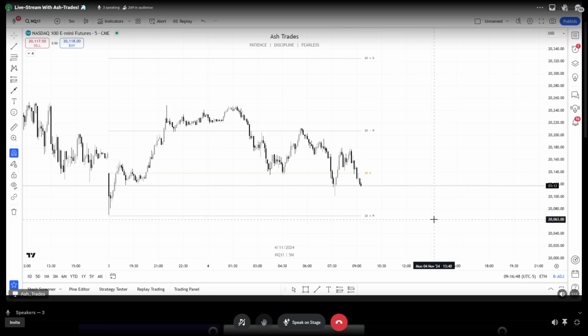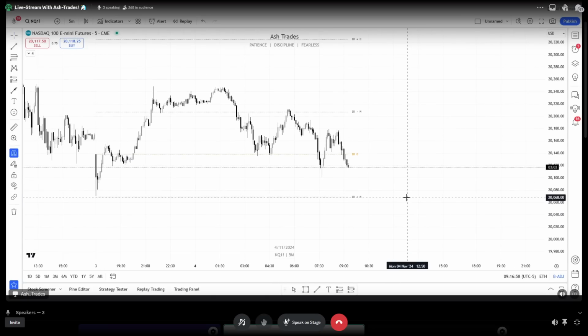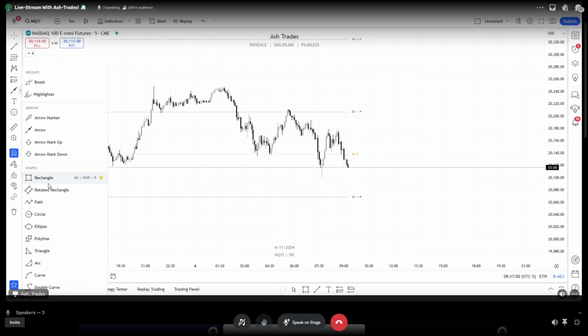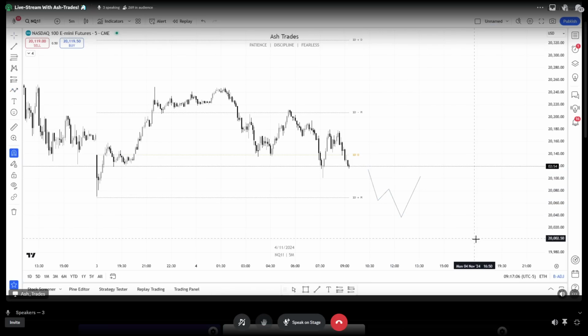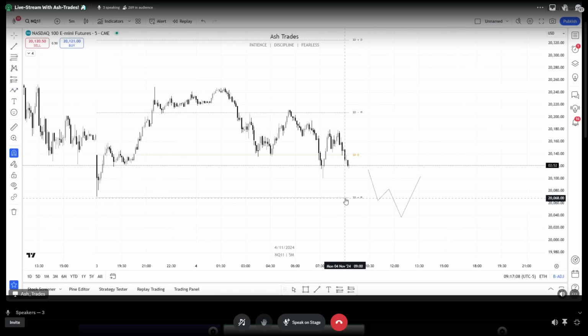But when the Open occurs, that's when I'm looking for a breaker that has an FVG aligned with it, right, a unicorn, at one of these levels. Right, so this right here. At a manipulation level, getting a breaker that has an FVG aligned with it would be my model.